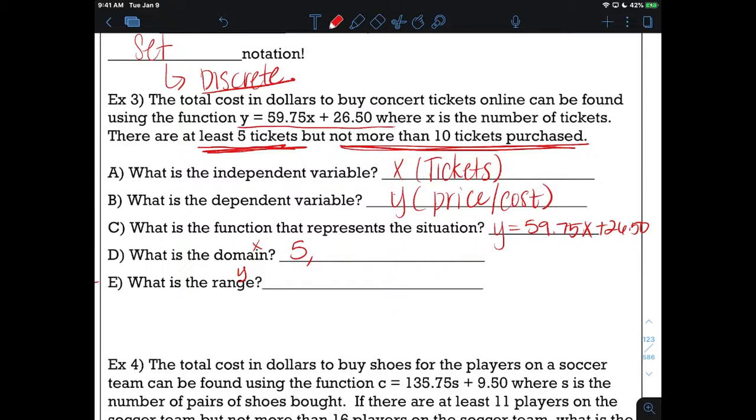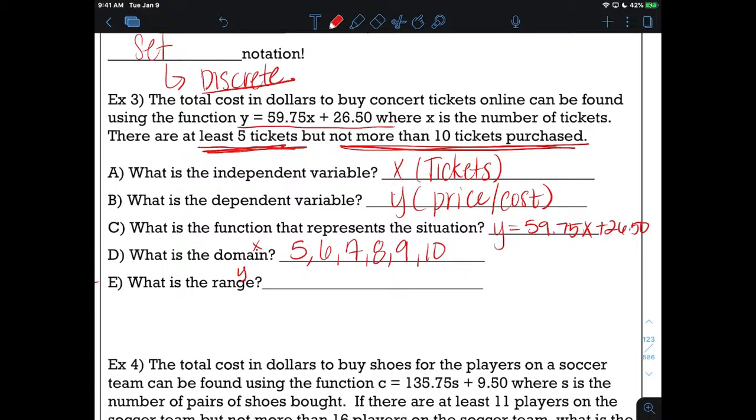So that means my domain can be 5, 6, 7, 8, 9, 10. Now, think about it like this. I still can't say I purchased 5.5 tickets. Therefore, I cannot write that number as an X for my domain. I'm either buying 5 or 6.